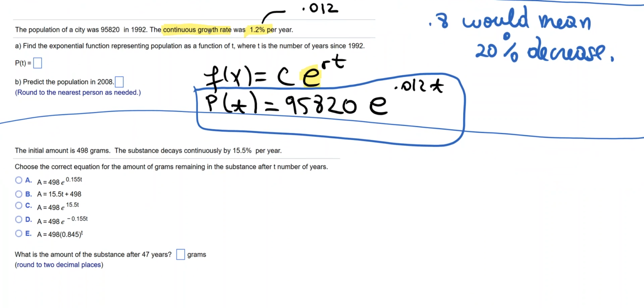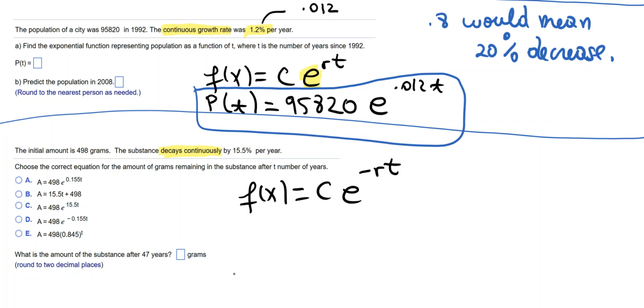Now, this is the case for continuous growth. When you have continuous decay, you still use the same formula. So for continuous decay, you're still going to use c times e, but the rate is going to be negative now. So you're going to put minus rt. Okay, so for this problem, it says that the substance starts with 498 grams and then it decays continuously by 15.5%.